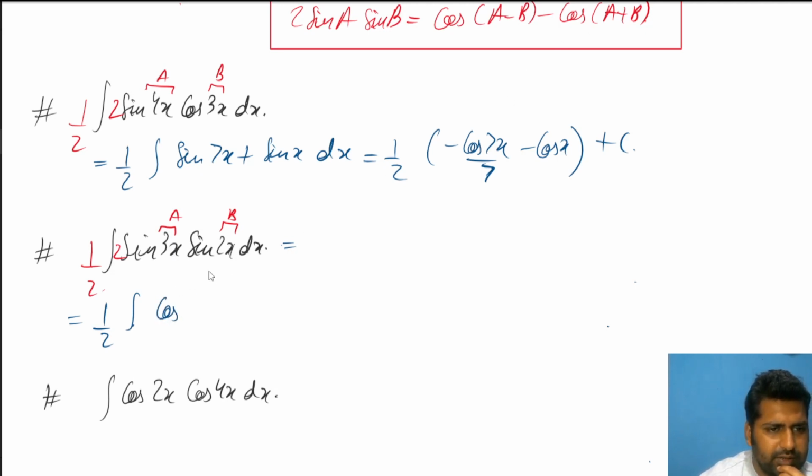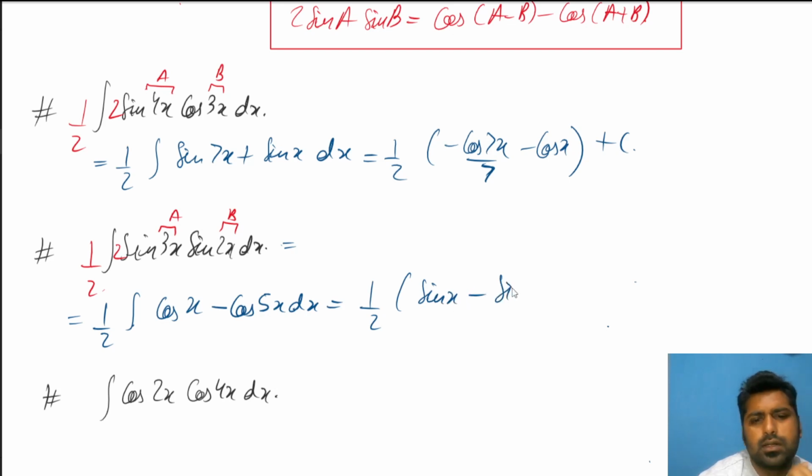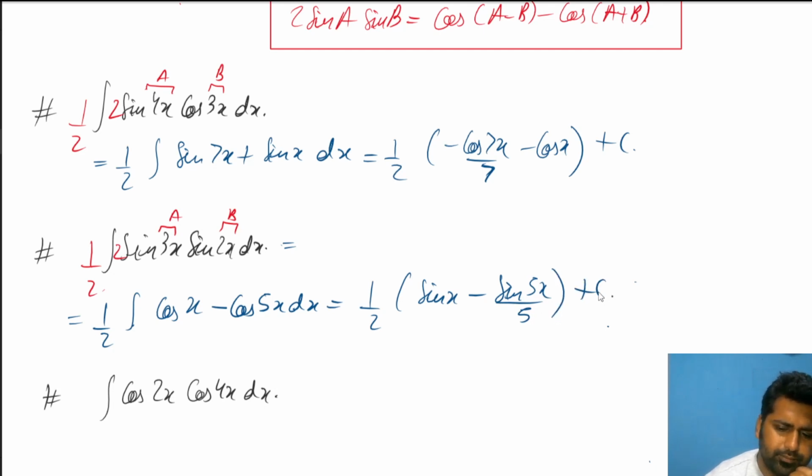Cos a minus b, so 3 minus 2 is x, minus cos a plus b is 5x dx. So the answer is 1 by 2 integration of cos x minus cos 5x, which is sine x minus sine 5x by 5, plus c.